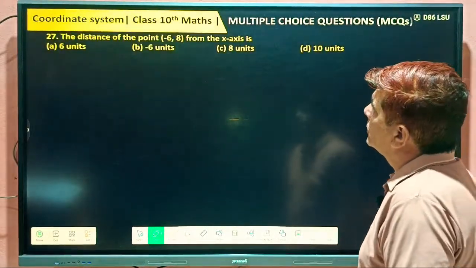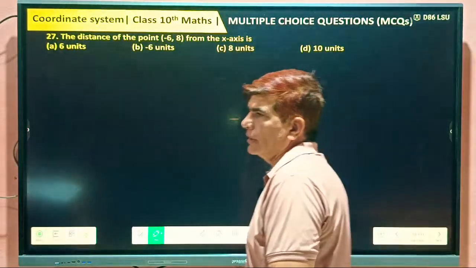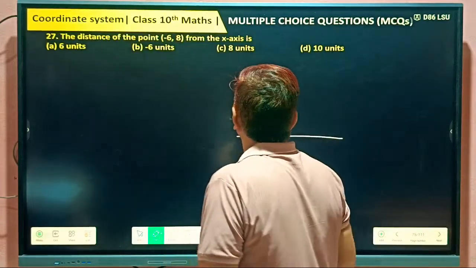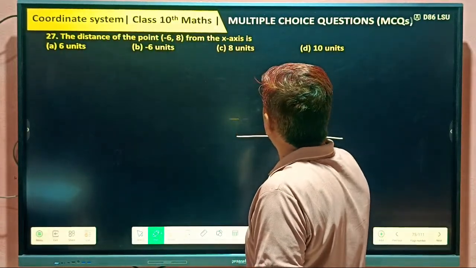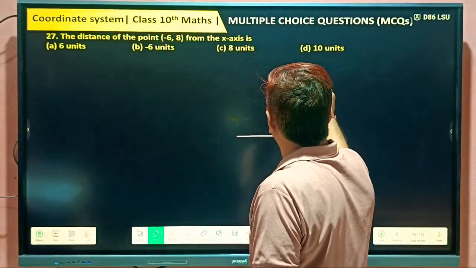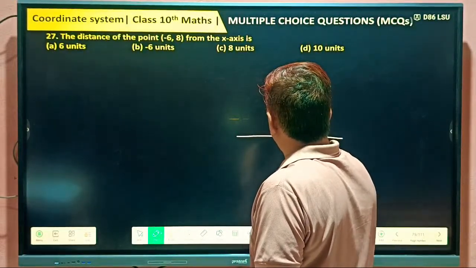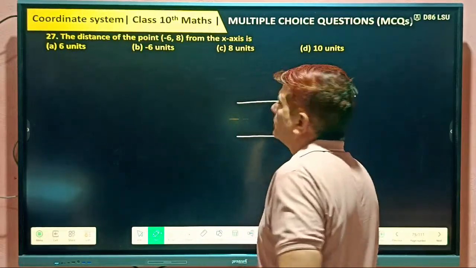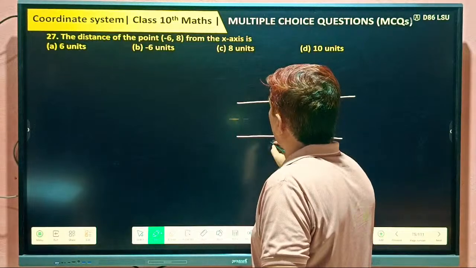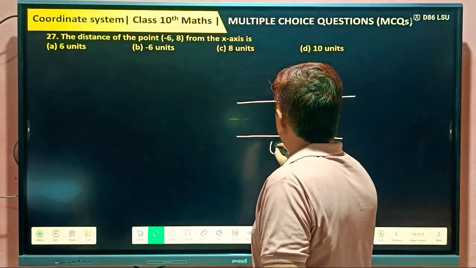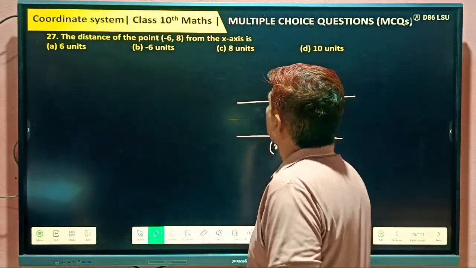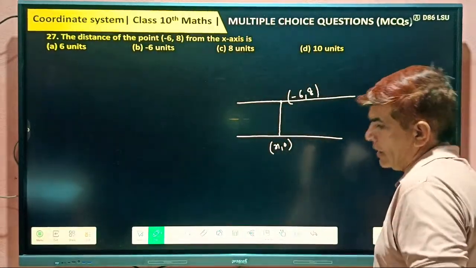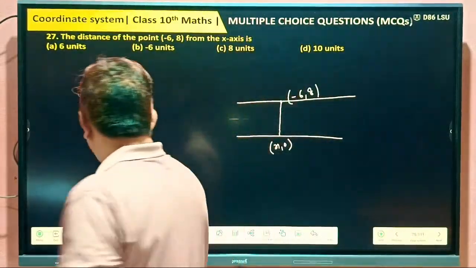Next. The distance of a point from the x-axis, same as it is. So this is the x-axis and this is a point whose coordinates are minus 6 and 8. So this distance is like this. What's the coordinate of this foot point? x and 0. What's the distance? I can tell another way without solving directly.